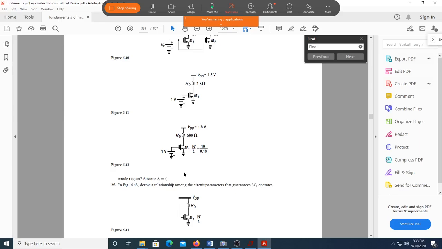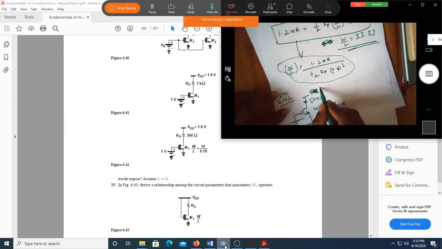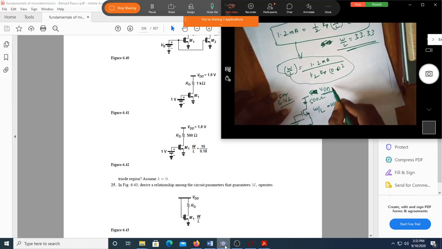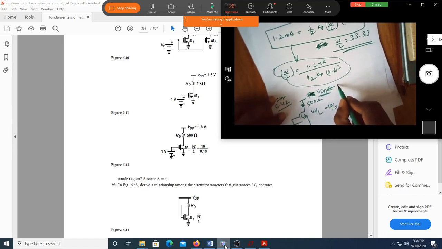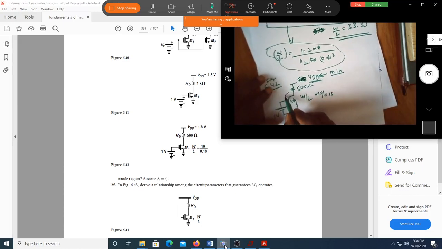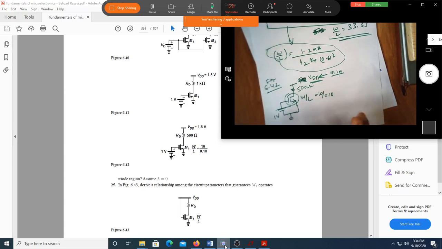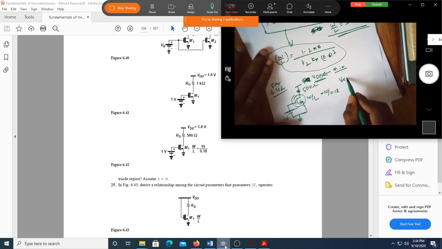Fine. Now actually this VDD is not given. I don't know why I wrote this. So VDD is not given. You have to find out what is the minimum value that is required to keep the MOSFET still in saturation. It should not be allowed to go to triode region, means it should be at the verge of saturation. Correct? Yes, sir.